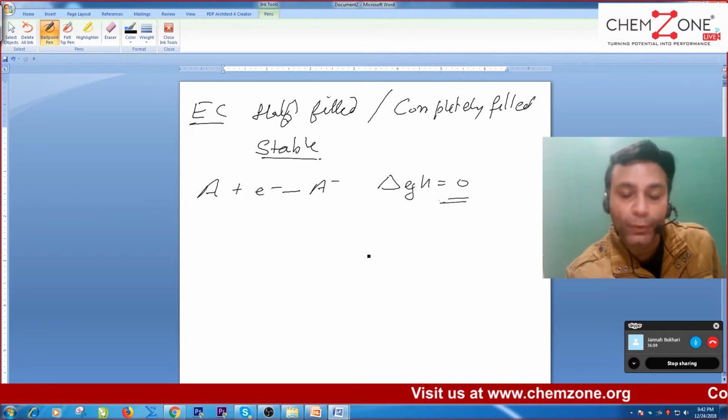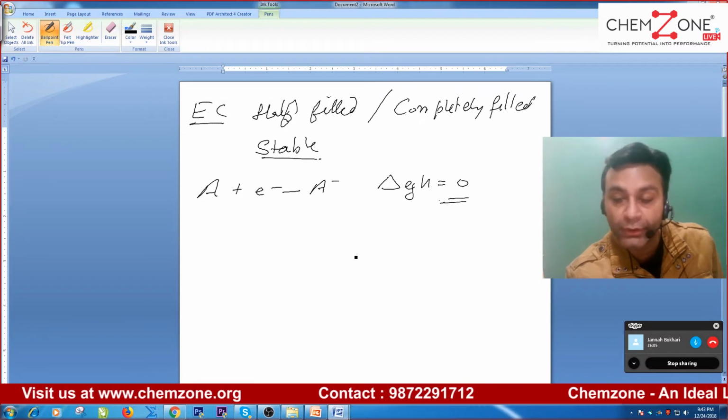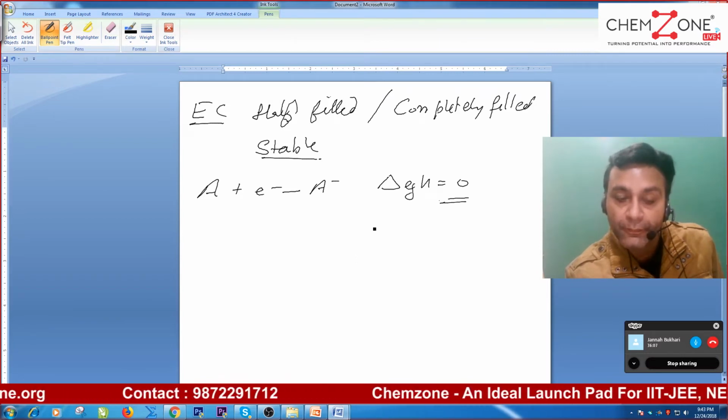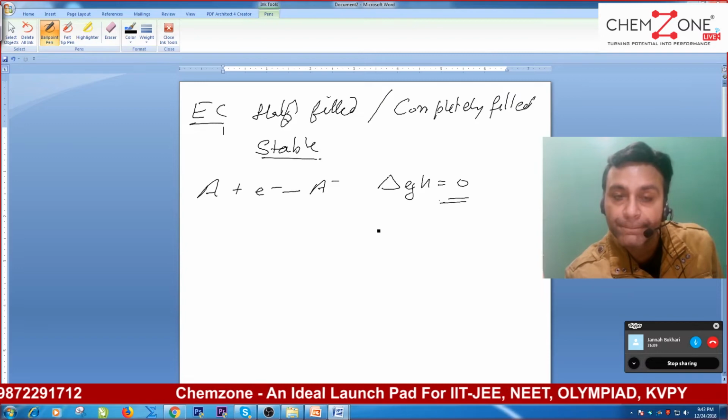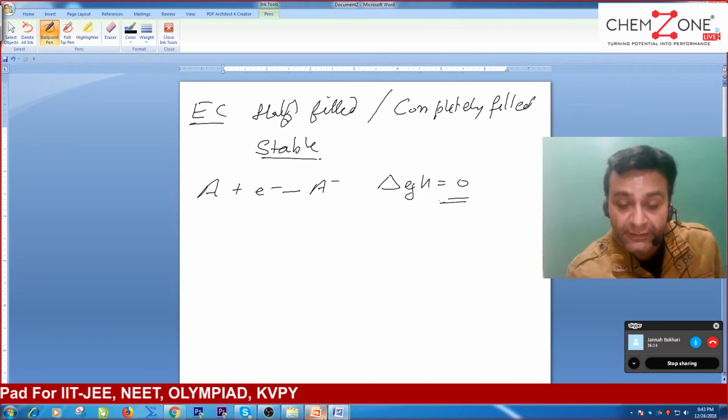They don't want to add more electrons. They are stable with their half filled or completely filled electronic configuration, right? Getting me? Yeah.